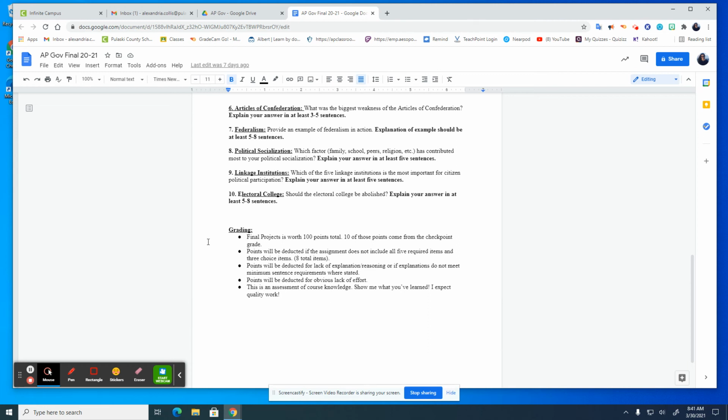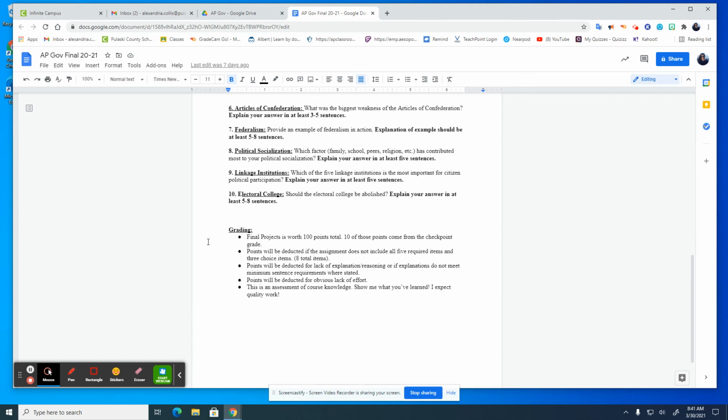Points will be deducted if the assignment does not include all 5 required items and 3 of those choice items. So remember, you have to have 8 total items. Points will be deducted for a lack of explanation or reasoning, or if explanations do not meet the minimum sentence requirements where stated. Okay, so you have to explain your answers.